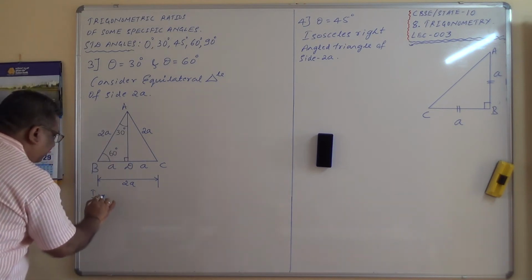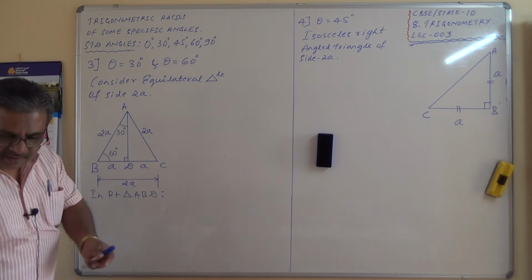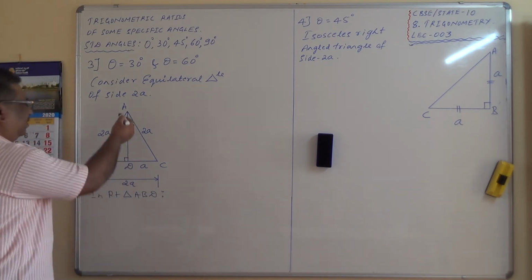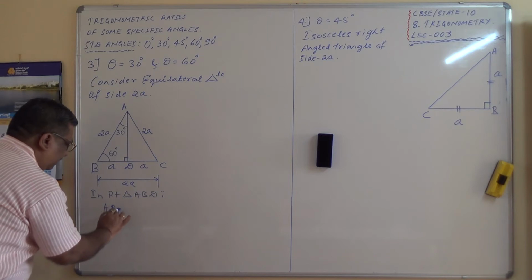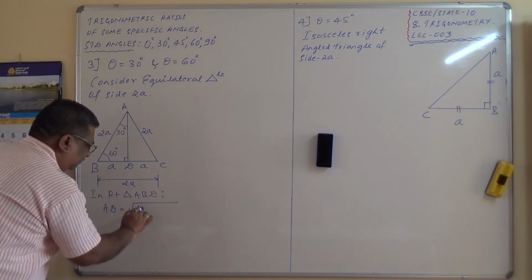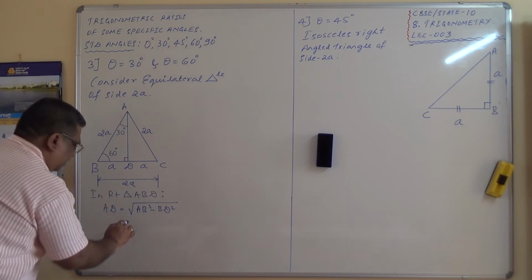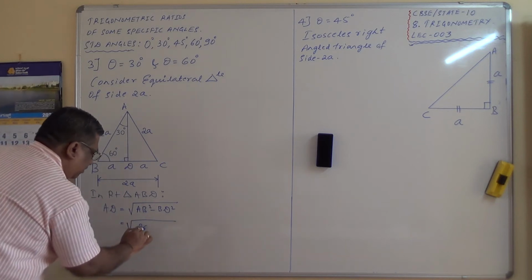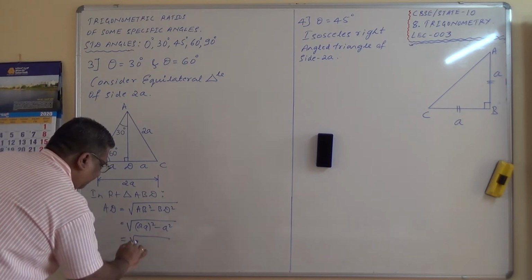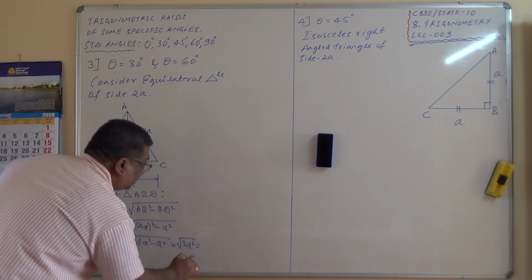In right triangle ABD, AD equals under root of AB square minus BD square, which equals AB square is 2A the whole square minus A square, which is under root of 4A square minus A square, which is under root of 3A square, which is A root 3.